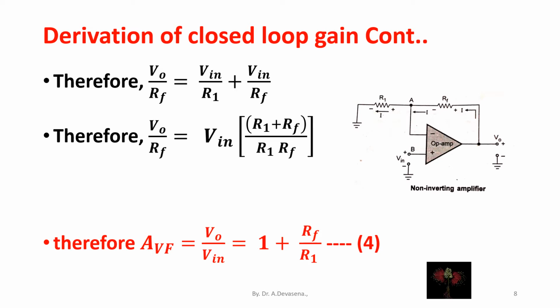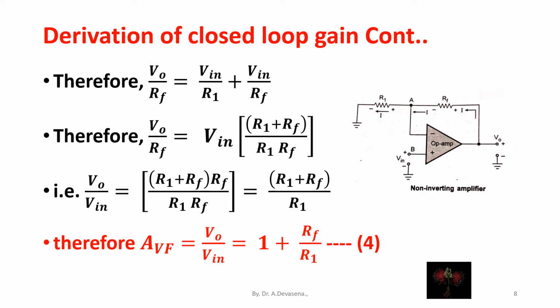Therefore, V0 by Rf is equal to Vin open bracket R1 plus Rf divided by R1 Rf close bracket. That is, V0 by Vin is equal to open bracket R1 plus Rf into Rf divided by R1 Rf.